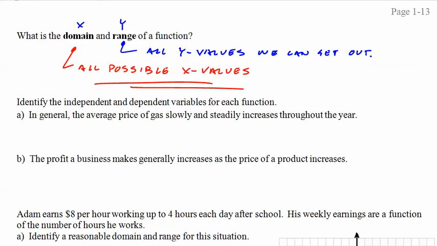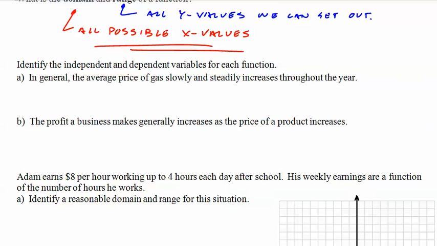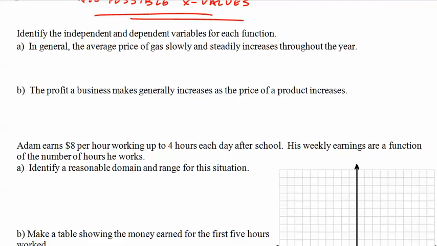So, identify the independent and dependent variables for each function. Well, in general, the average price of gas slowly and steadily increases through the year. So we say, actually, I can go both ways in this one. I got to think about it for a minute. Well, no, I know what it is. This has got to be time. This has got to be x.